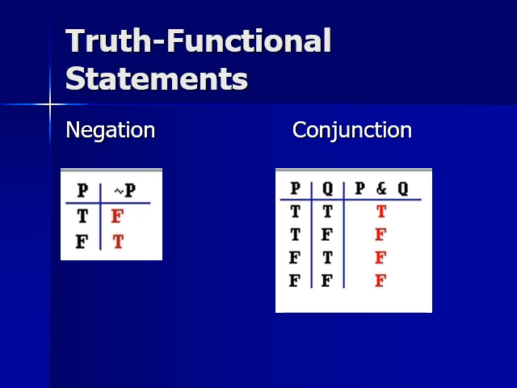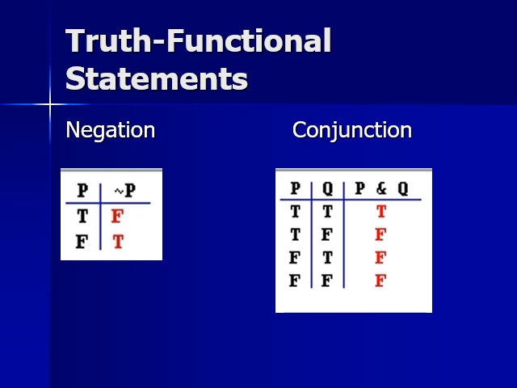And that's the first line. It's marked true under the AND operator. But if P is true and Q is false, well then P and Q is false. If P is false and Q is true, then P and Q is false. If they're both false, then P and Q is false.